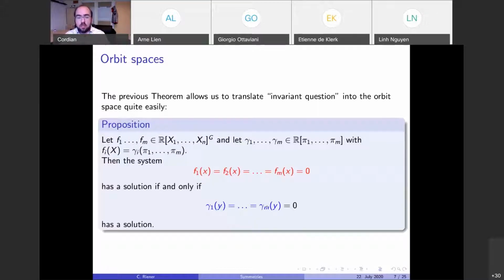And only if we have a solution to this other system will we find a solution to the previous system. So in particular, we can translate the solvability of one system to the solvability of the other. And this is then phrased in the coordinate ring of our invariants, so our invariant ring.